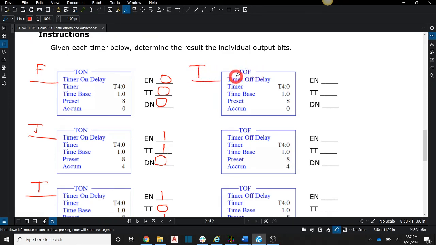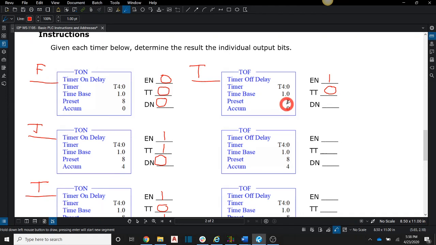Remember, we're timing for an off or a false. And because this is true, whenever this goes true, it's going to reset my timer. And I can tell by the accumulated value that this has been reset. So my rung coming in here must be true. If my rung coming in here is true, that means my enable bit will be a 1. Because I am in a reset state, that means that my timer timing bit will be 0. I'm not physically in the act of timing.